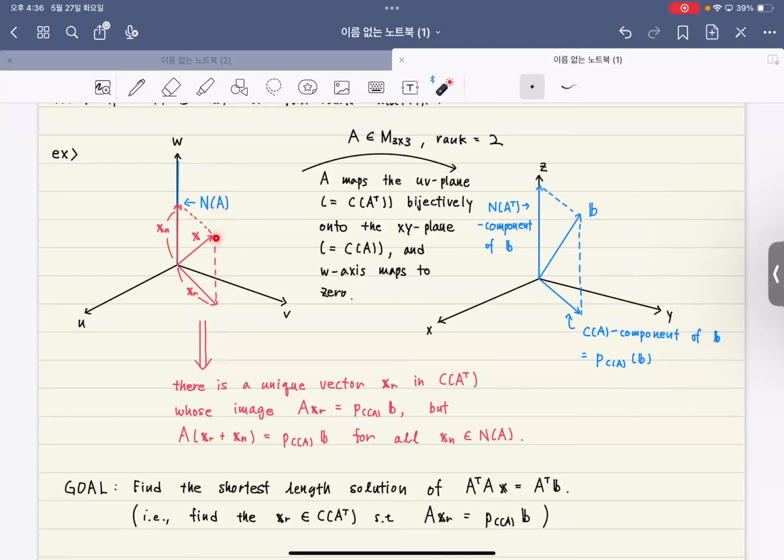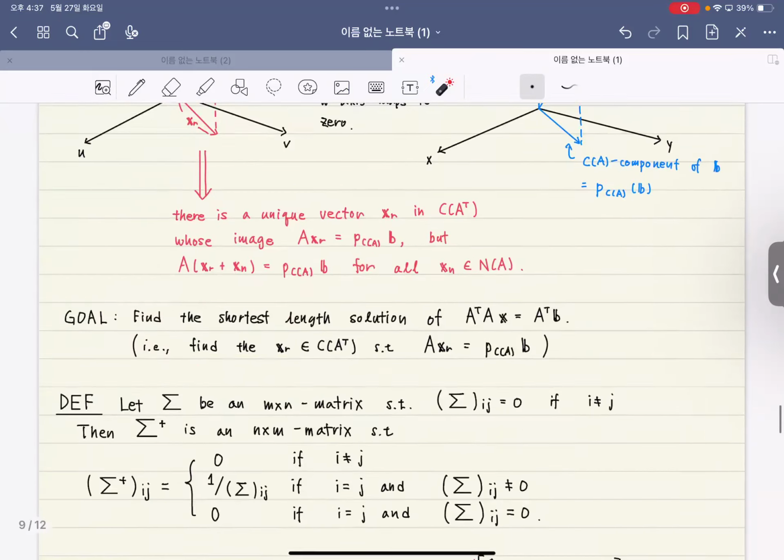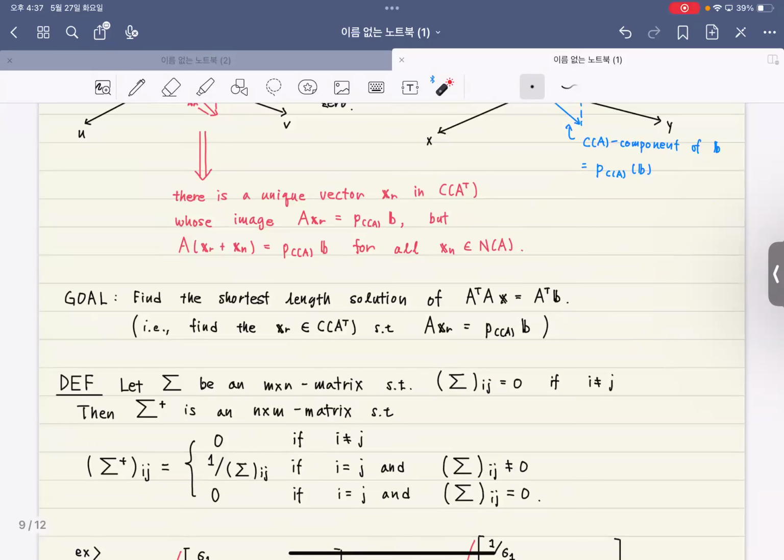They are all solutions of the normal equation. But what do you think is the shortest length solution? Which is this guy, XR, right? This guy is the shortest length solution whose image is precisely the column space component of B. So I want to find this guy. This is the end of the motivation.